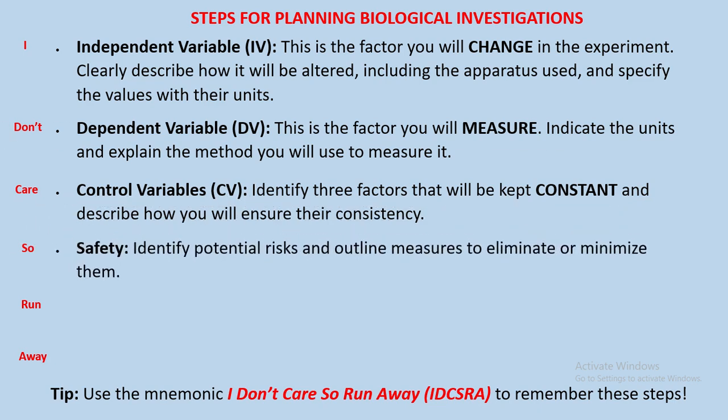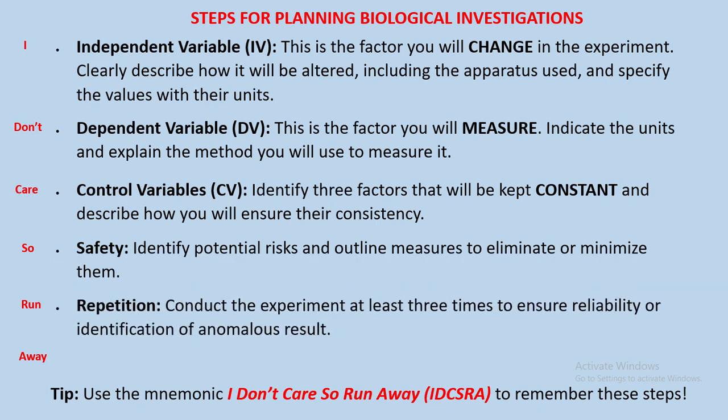Now we have safety. You need to look at the potential risks that are surrounding the experiment, and you may also be required to give a possible way out, to find a way to eliminate those risks. So then we can talk about repetition.